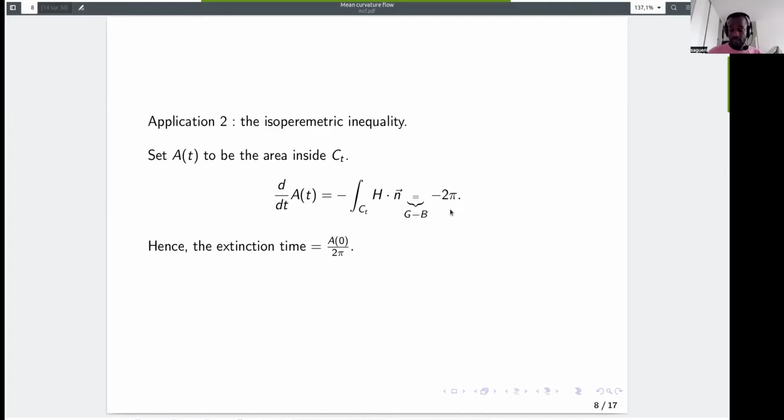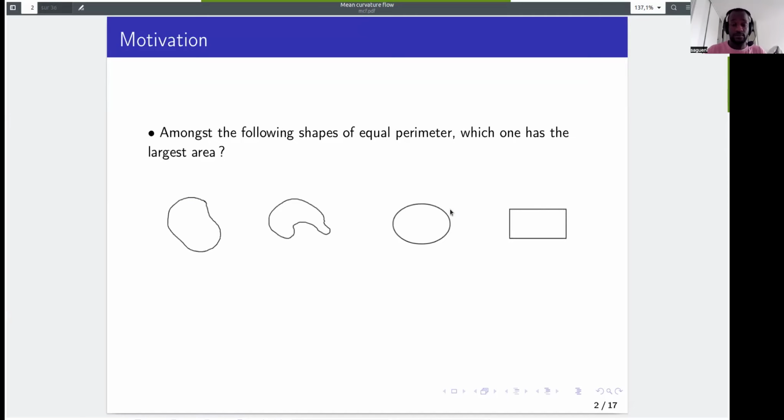So this gives us a tool to compare the shapes that we saw at the very beginning. If I start with these shapes, I just need to compare their areas. I apply the mean curvature flow on them, and the first one to disappear is the one which has the least area.